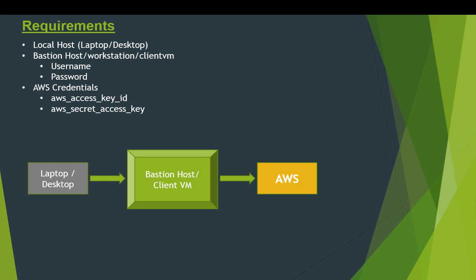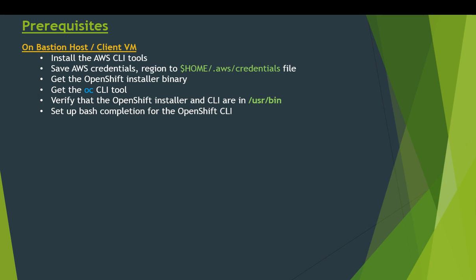These are the requirements. Now see the prerequisites, what we should perform before installing. First of all, we will log into the bastion host or our client VM as the root user. Then we will install the AWS CLI tools, command line tools, because we have to interact with AWS as well.